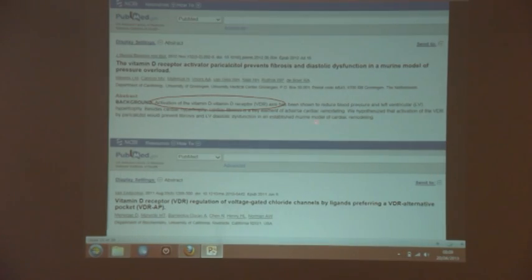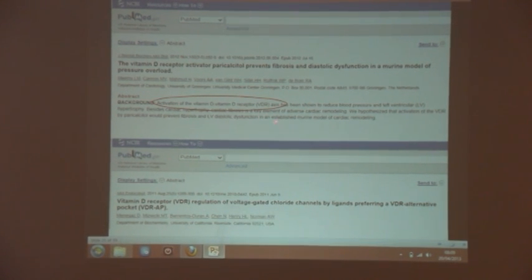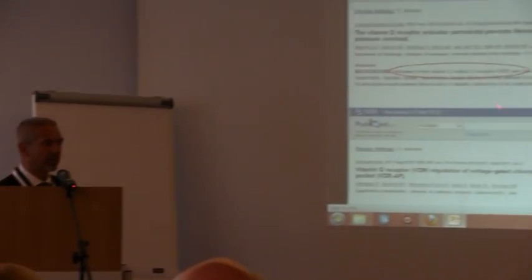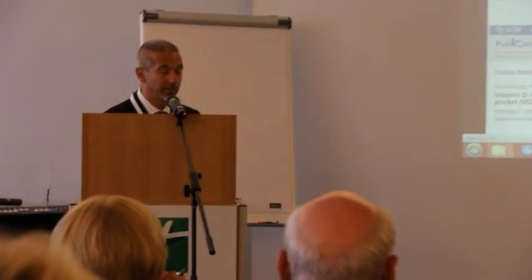As a matter of fact, it had been demonstrated in 2012 that the activation of the vitamin D receptor, which again is the target of Gcmaf, prevents fibrosis and diastolic dysfunction in a murine model of pressure overload. That is, it works on the heart.